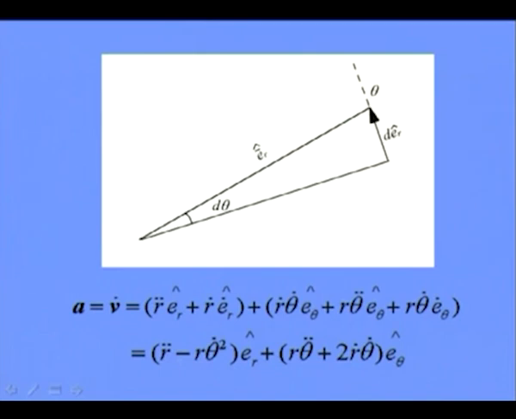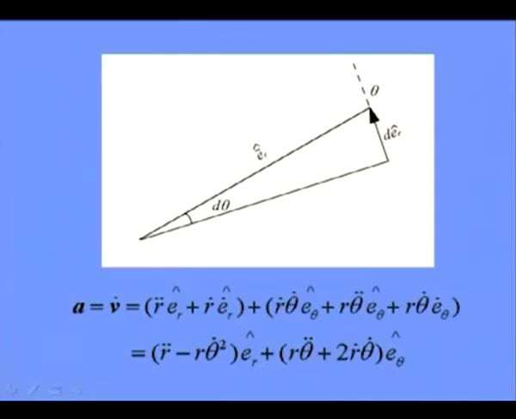So acceleration has two components. One component is r double dot minus r theta dot square, and another component is r theta double dot plus 2 r dot theta dot, along e theta. Here we can see that if the particle is moving on a circular path where its radius remains constant, then r double dot will be 0.